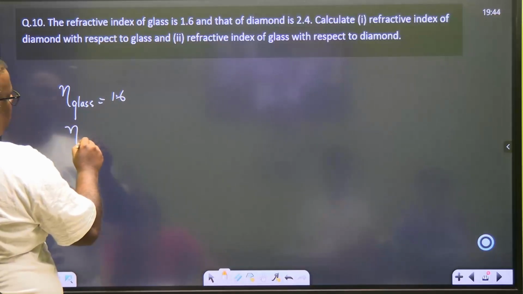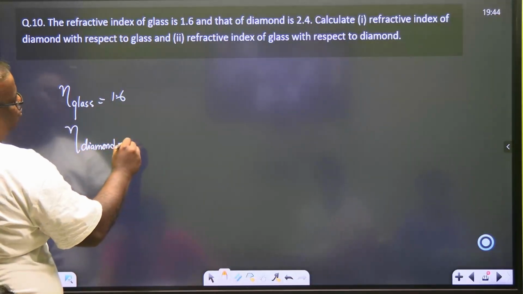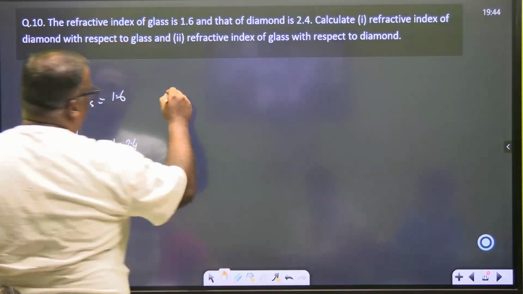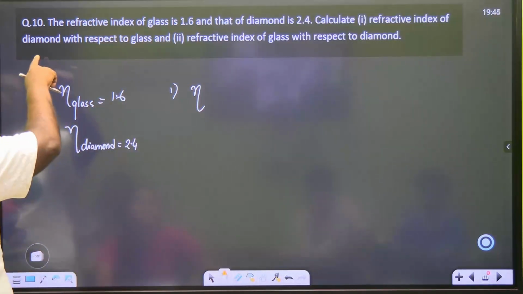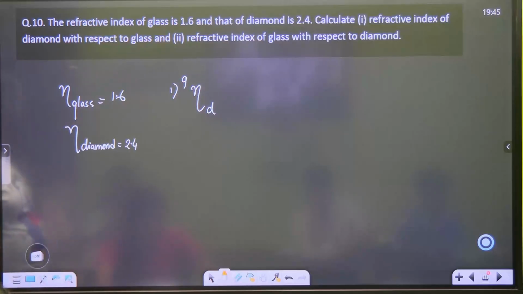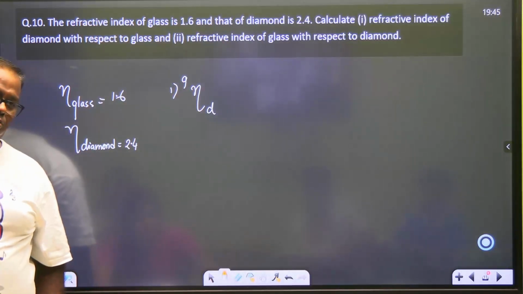What is eta diamond? Eta diamond is 2.4. Calculate the refractive index of diamond with respect to glass. Now we will need the Patal Lok formula.